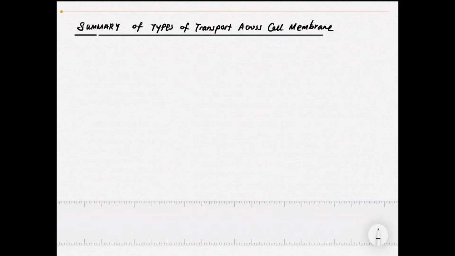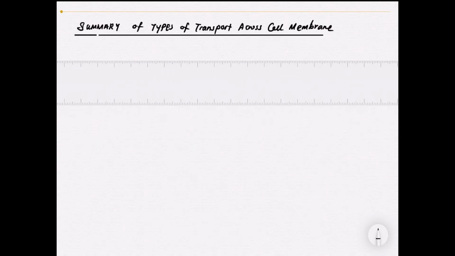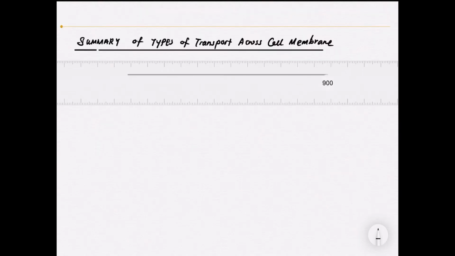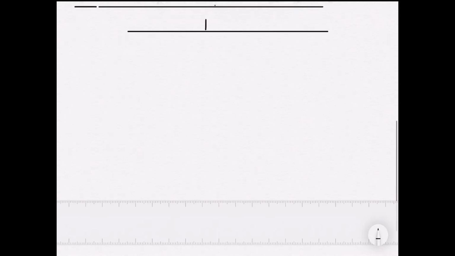So I'm going to start the introduction about the different types of transport across membrane. Generally, we have two categories of the type of transport. We have active and passive. So what is the difference between active and passive?